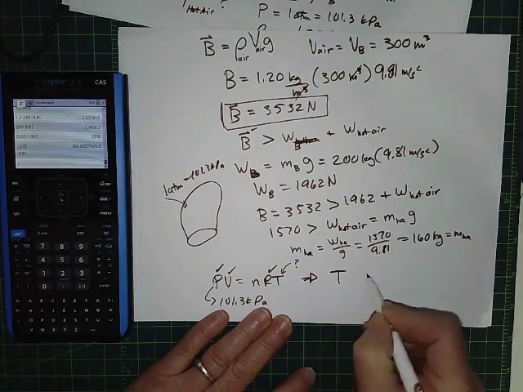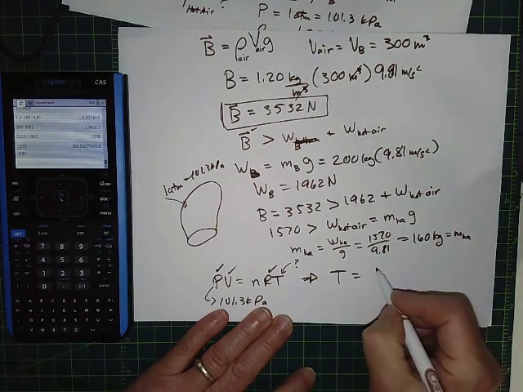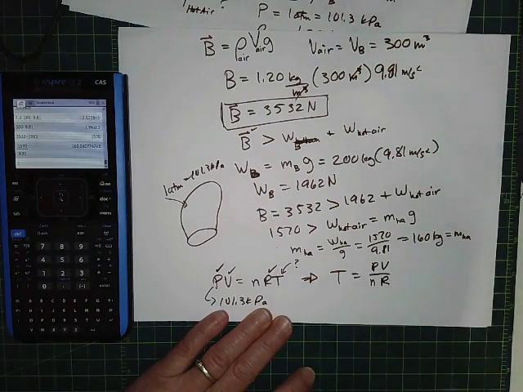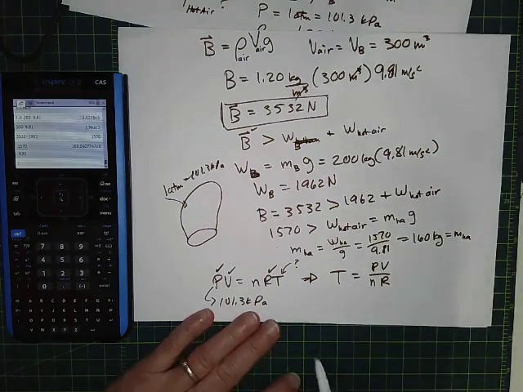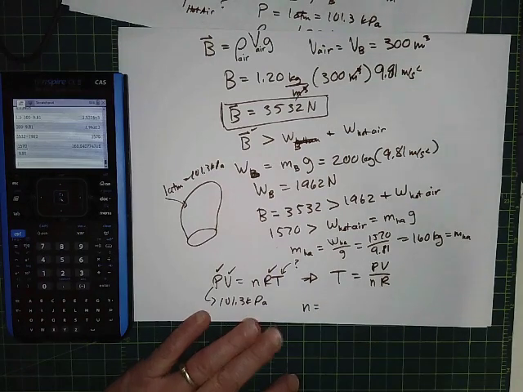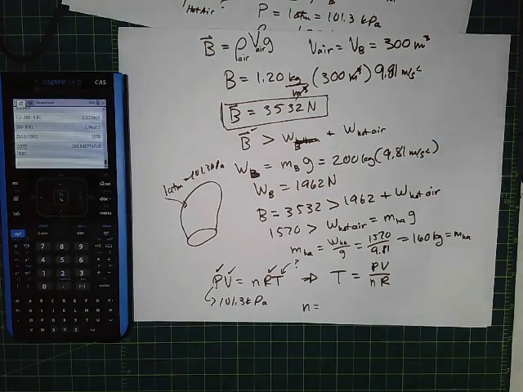Let's rearrange this for T for future use. We've got PV, and then divide through by n and R. But what is n? Let's figure it out. n is the number of moles.